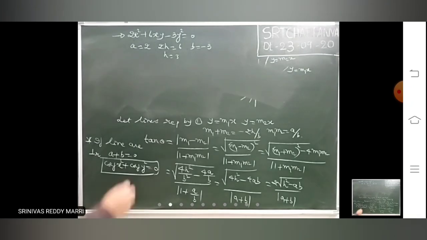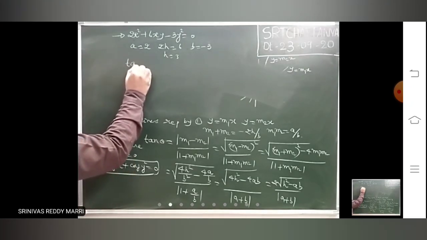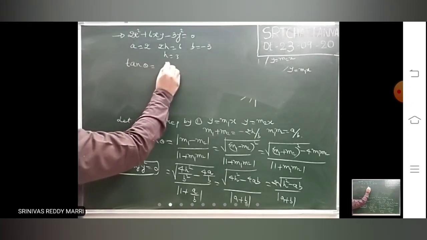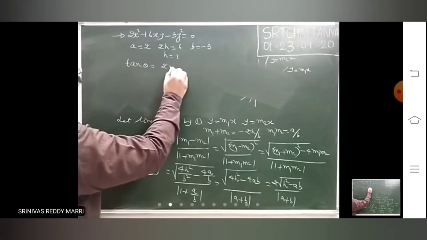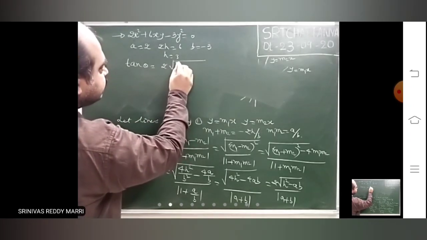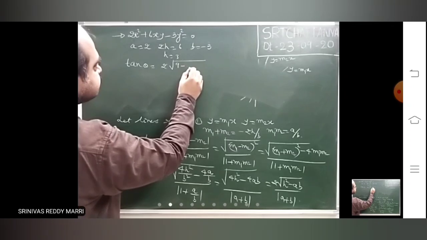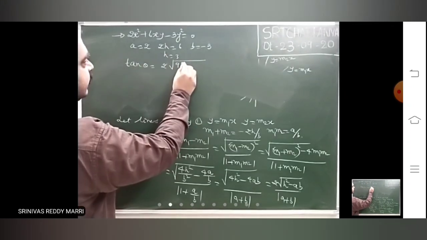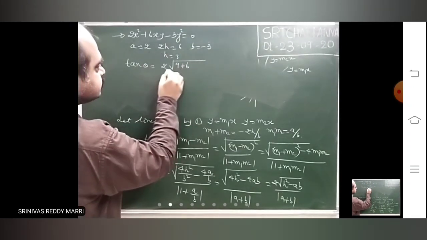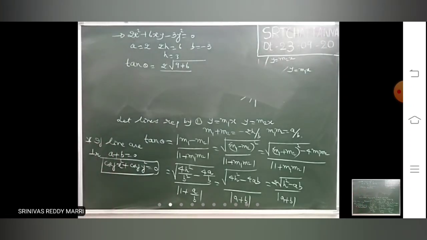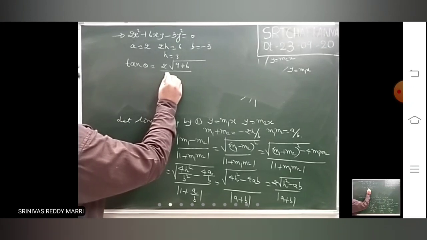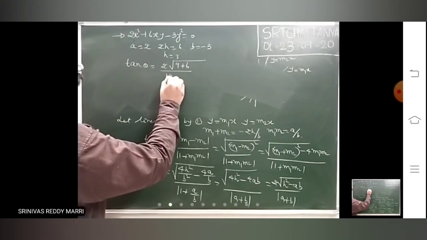The formula is tan theta equal to 2 into root of h square minus ab, that means root of 9 plus 6, divided by modulus a plus b.